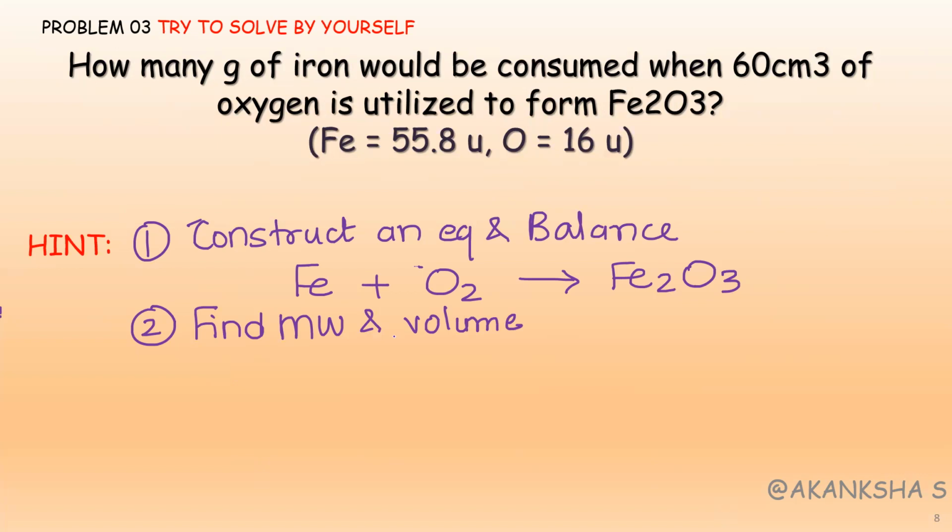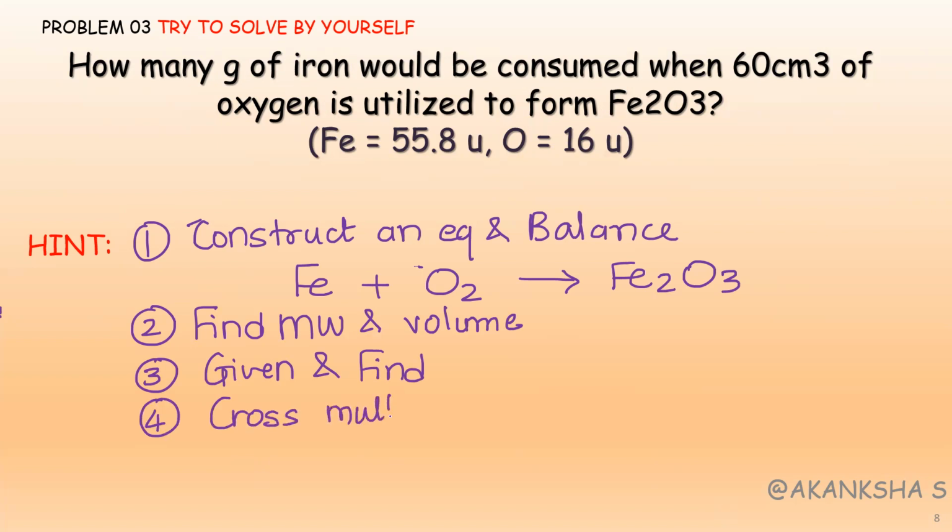So you know oxygen would be 22.4. Okay. Third one would be analyze what is given and what you need to find. And the final step would be cross multiplication. With these 4 simple steps, you would be able to ace the stoichiometric problems.